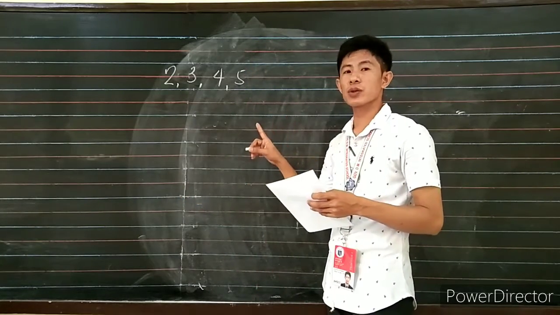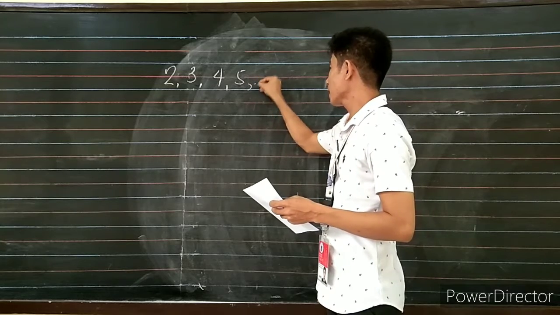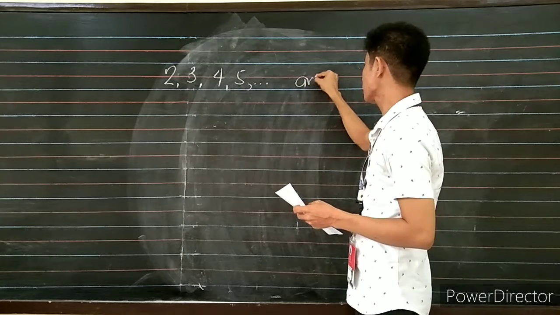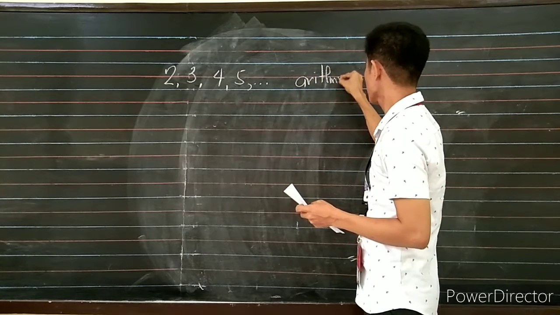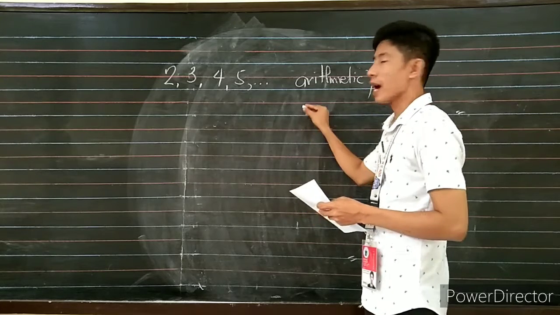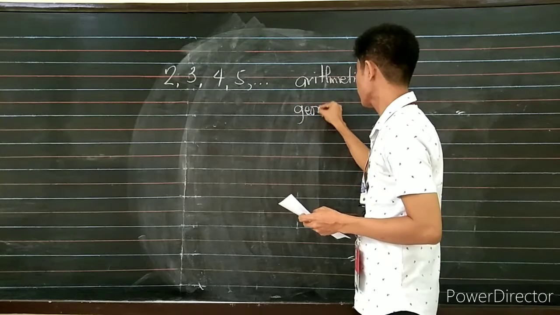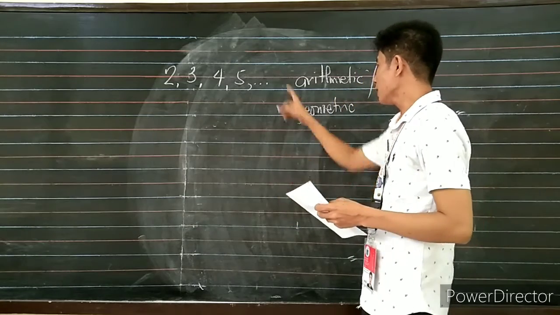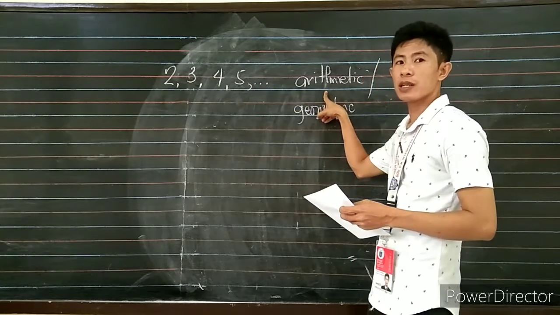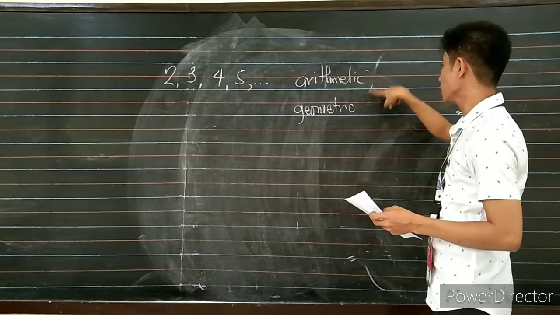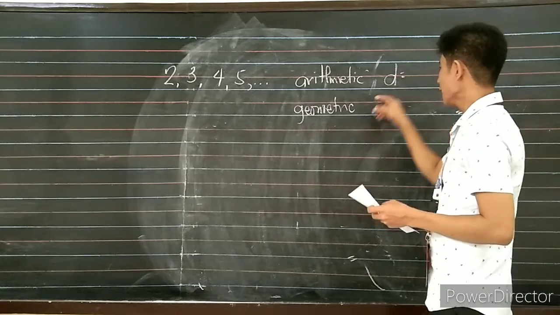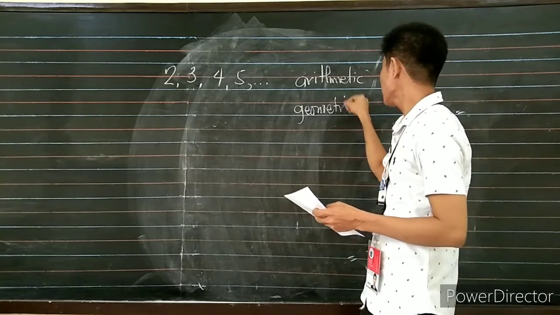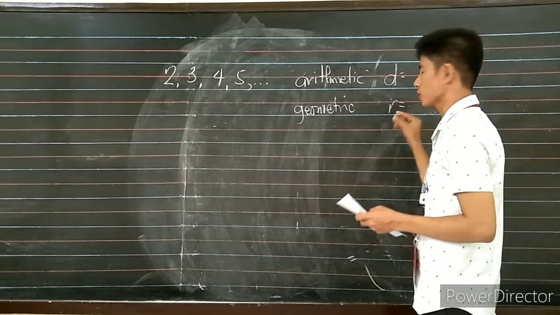And we are tasked to identify if this given sequence is an arithmetic sequence or a geometric sequence. If the given sequence is arithmetic, we're going to find the common difference, which is D. But if it is geometric, then we will find the common ratio.